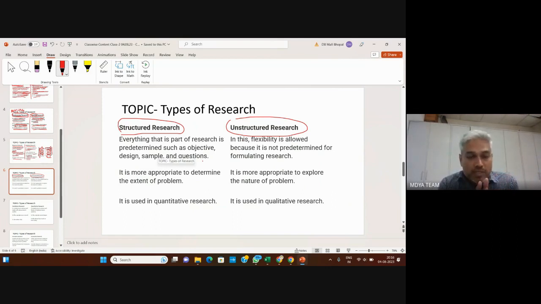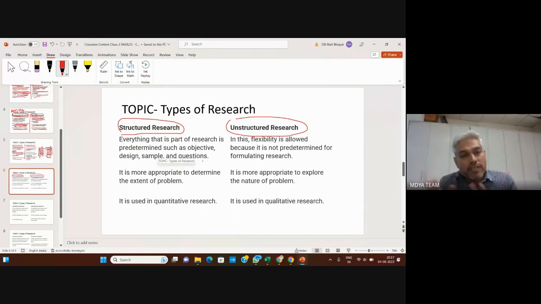In the steps of research, we will discuss how to decide the problem, how to decide the literature, how to prepare the literature review. After the literature review, how to prepare a hypothesis. After the hypothesis, you will design a research methodology, meaning how you will conduct your research. For conducting that research, you need to prepare a design, right?